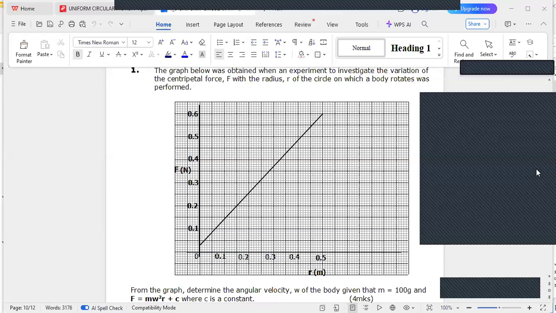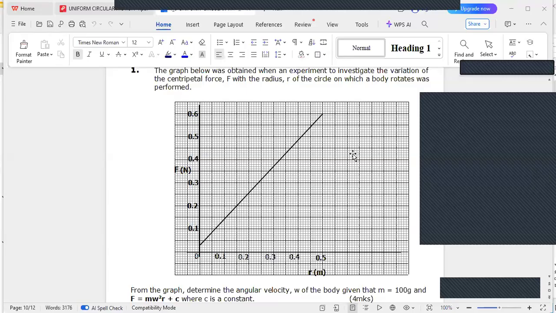Let's listen to Larry. Yes, I was asking. On the y-axis is when you refer to force, and on the x-axis is when you refer to the radius. So if you are to equate, that's when you cancel it off, not when working it out.